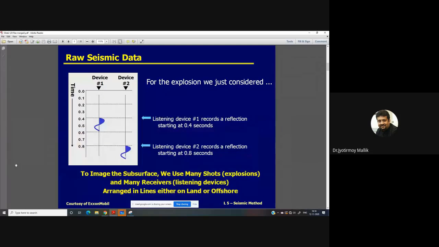So at device 1, at 0.4 second, I am observing the arrival of the first wave. And at device 2, I am observing the arrival of the wave at 0.8 second.